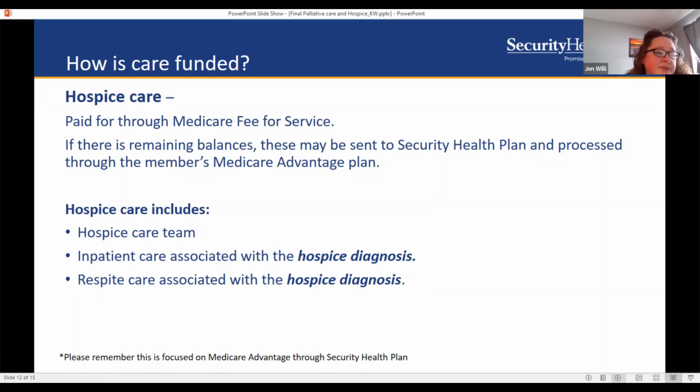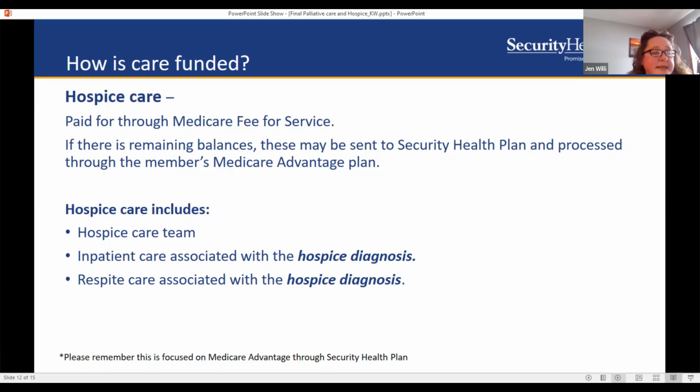What is included in the fees for hospice care are items and care related to your hospice diagnosis. I'm going to use that term, related to your hospice diagnosis, a lot here. So the fees will cover the hospice team, meds related to your hospice diagnosis, equipment related to the hospice diagnosis, and inpatient and respite care related to the hospice diagnosis.